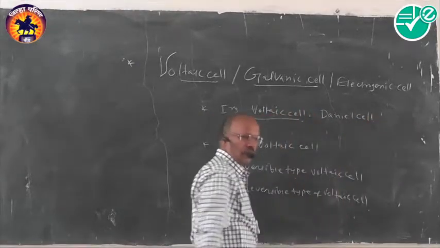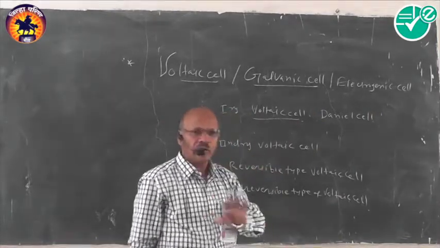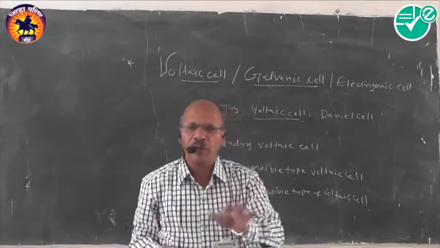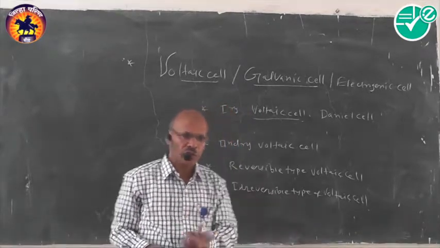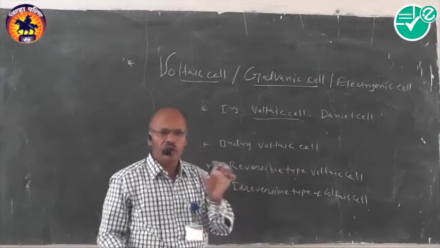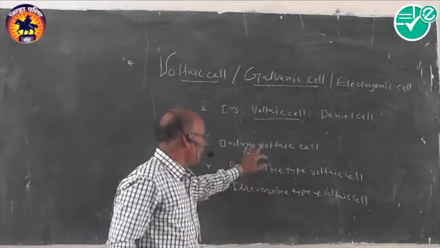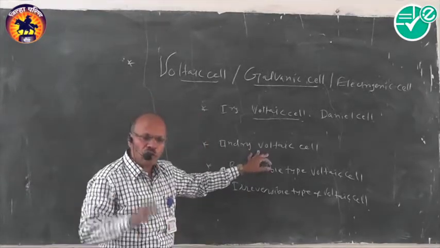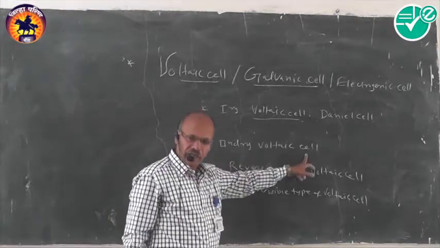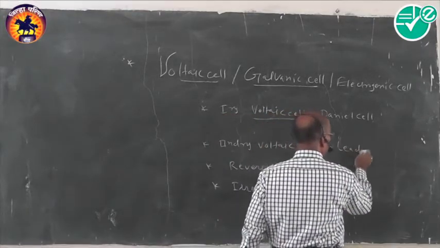The secondary voltaic cell is the cell which cannot produce an electric current on its own concentration, but it is previously stored from any external source. The example is a very favorite one, particularly a lead storage battery.